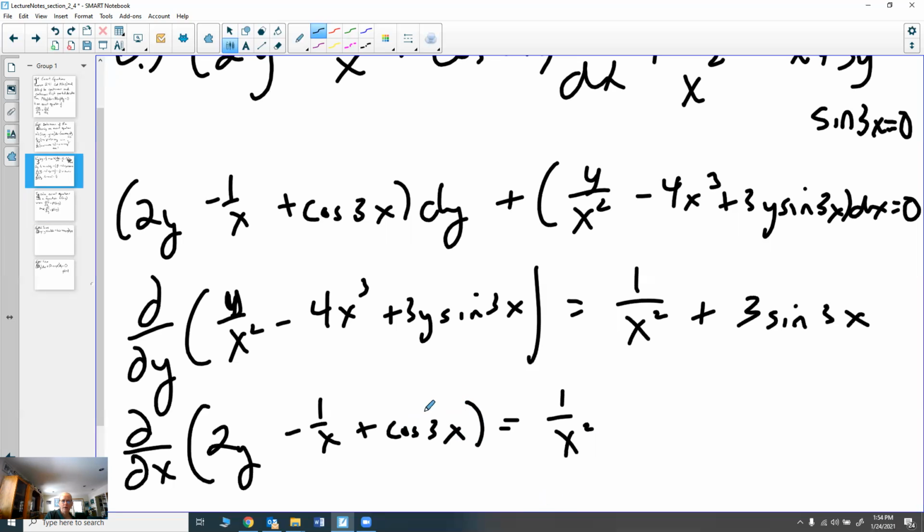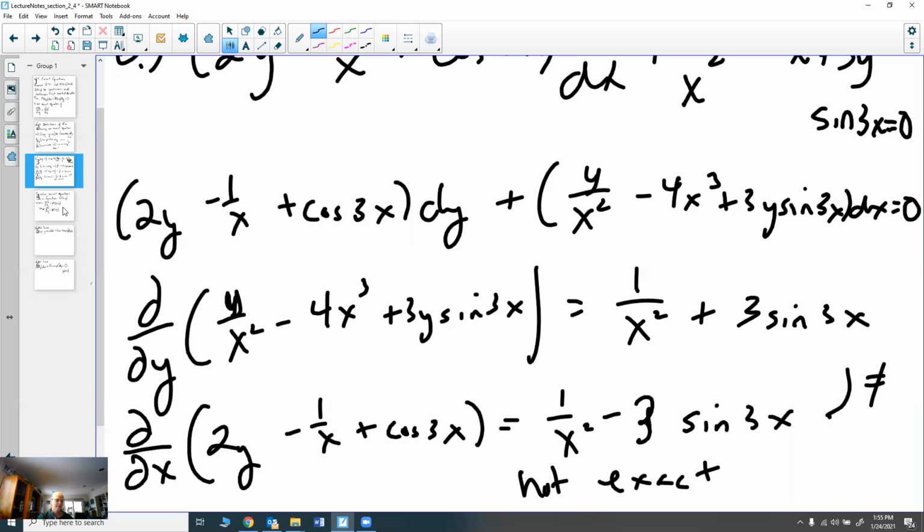And the derivative of cosine of 3x is actually minus 3 sine of 3x. The partial derivative of m with respect to y was 1 over x squared plus 3 sine of 3x. And the partial derivative of n with respect to x is 1 over x squared minus 3 sine of 3x. They are not equal, so they're not exact.